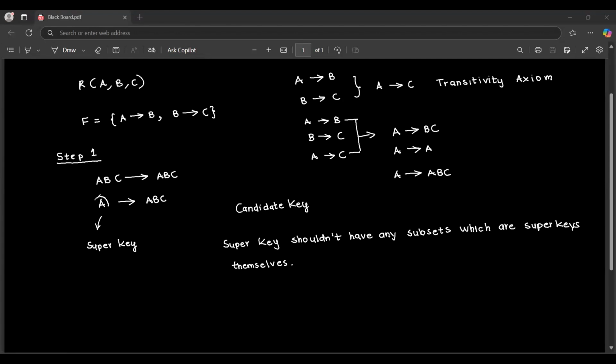But A is a single attribute set, so we can say A is a candidate key. So in the candidate key list, we have A.